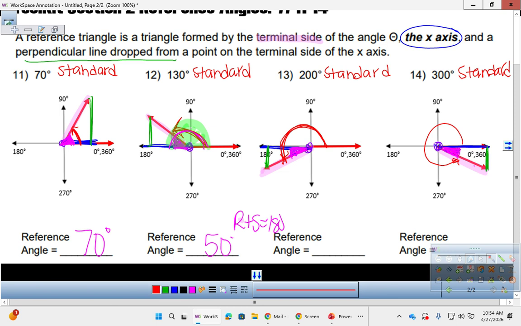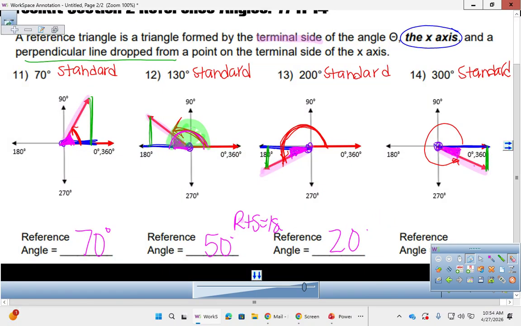So what do you think that is? 180 plus 20 more. That extra 20 is my reference angle. It's that little angle, which is different than what I did here. Here it's like 180 plus the reference angle is giving me that big standard angle. So again, eventually we're going to write down rules, but right now we're just doing it visually.